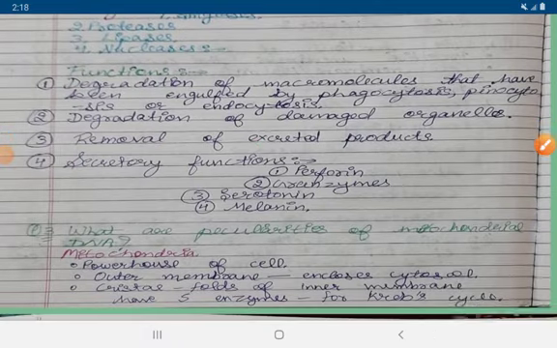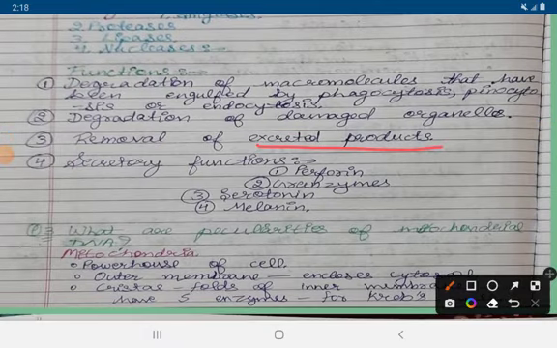Removal of excretory products is also a function of lysosomes, and some lysosomes have secretory functions also.